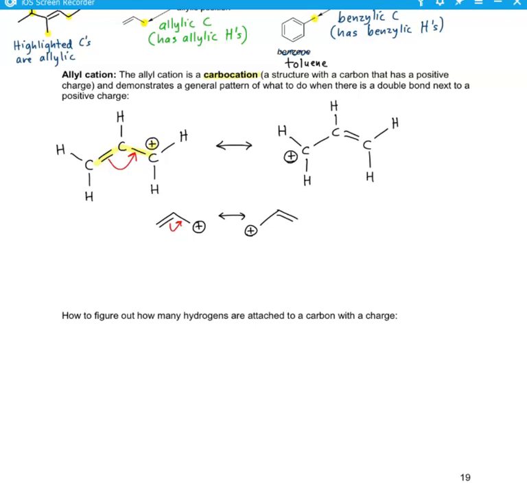So in this case, if we were to assess these two structures and how much or how little each one contributes to the resonance hybrid, do we have a major contributor and a minor contributor here? The answer here would be no, we don't. There's not a major and a minor. In fact, these two are contributing exactly the same to the hybrid. So we would call these equivalent resonance contributors.